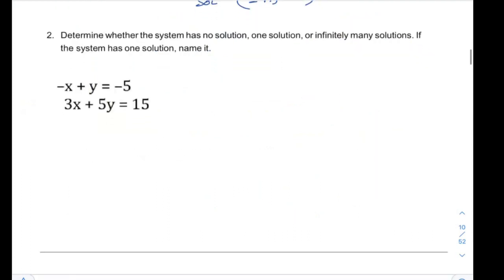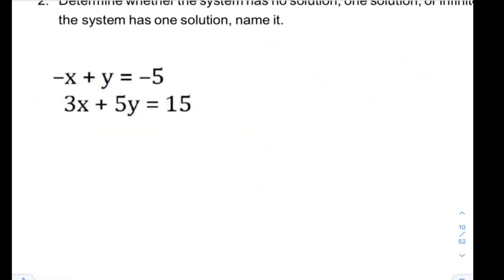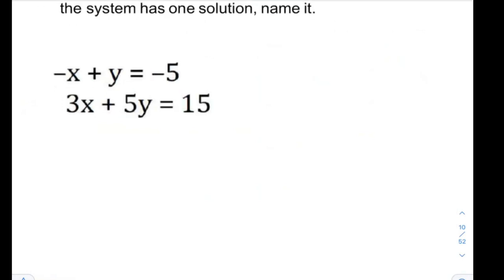Determine whether the system has no solution, one solution, or infinitely many solutions. We have two approaches to do that, either by slope or solving the equation. We prefer to solve the equation in this case. As you see here, we have the equations written in standard form. Since this is written in standard form already, compare and let's see which variable is easily eliminated.